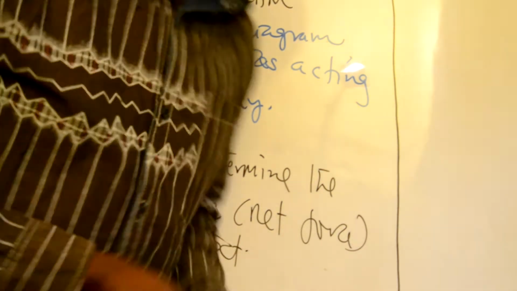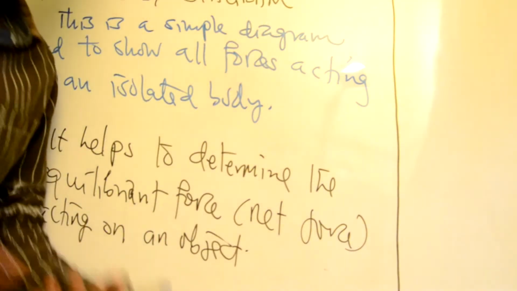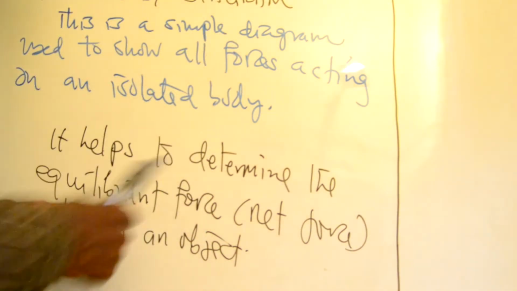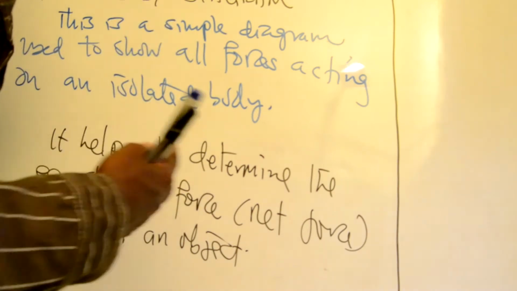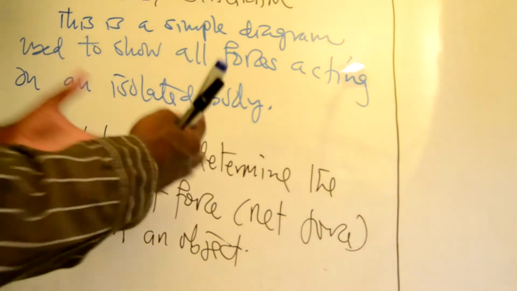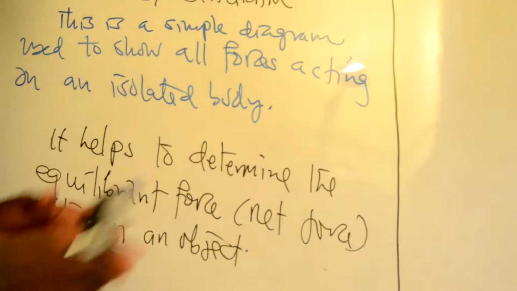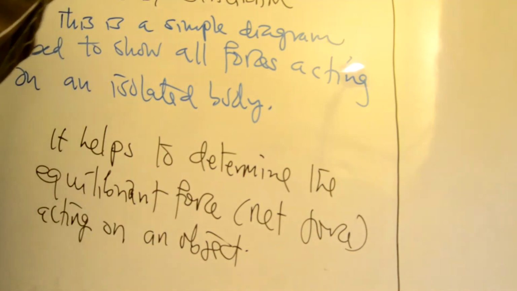Now suppose there are several forces acting on an object. Sketching the free body diagram is a method used to determine the equilibrium force, or the net force, or the total force acting on such an object.